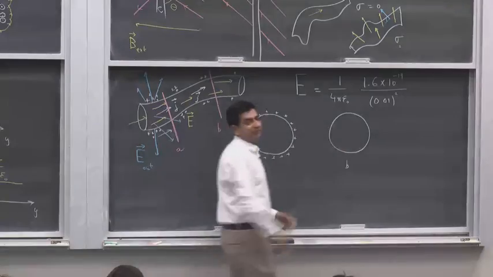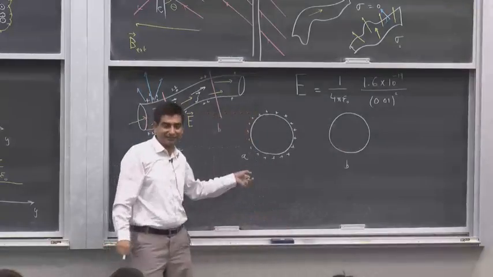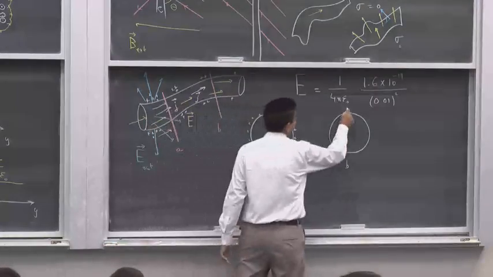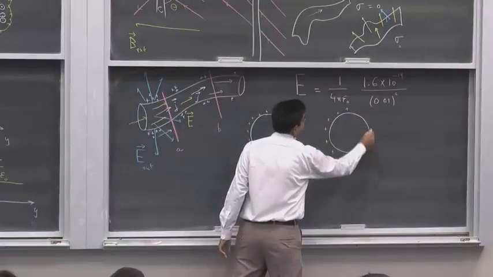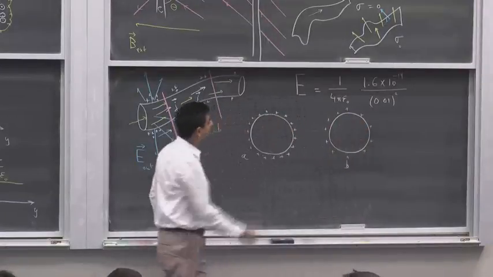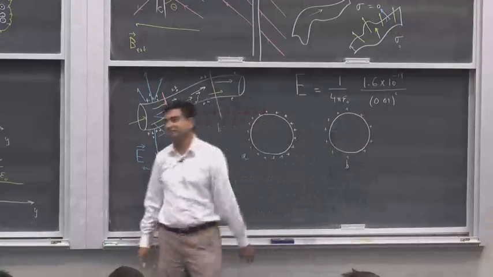Here there are also surface charges, but they will be more diluted than this. Okay? So the same surface area but fewer charges.